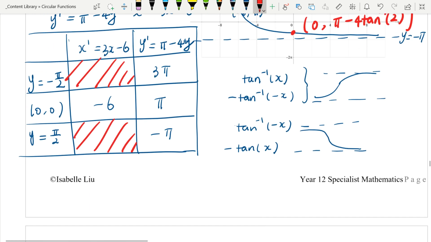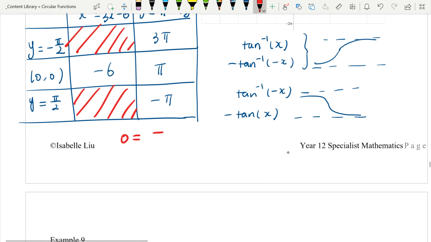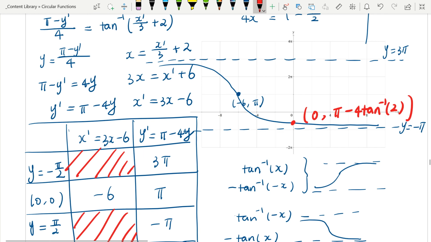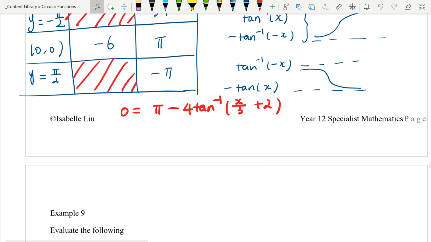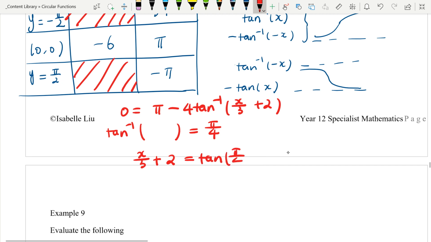Now you can sub y equals 0. So 0 equals pi minus 4 tan inverse of (x over 3 plus 2). Is that plus 2? Yes, plus 2. So what we have is tan inverse equals pi over 4, and x over 3 plus 2 equals tan of pi over 4.